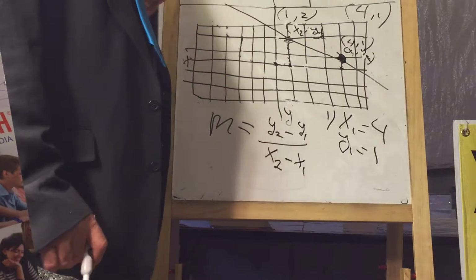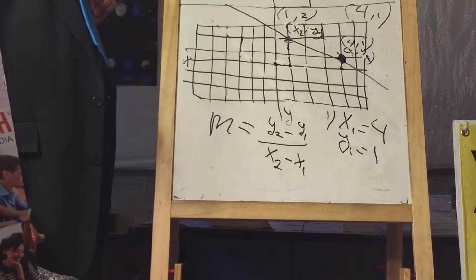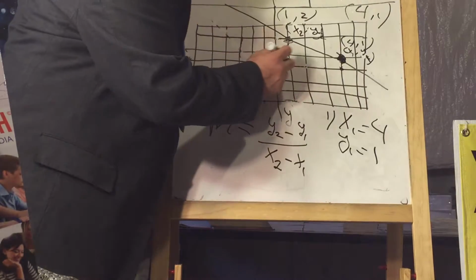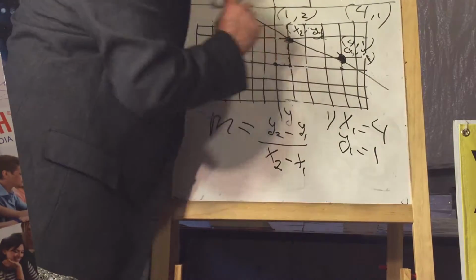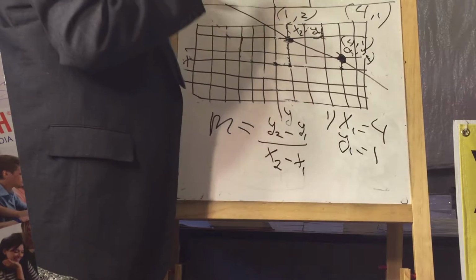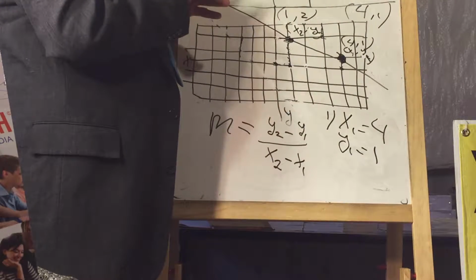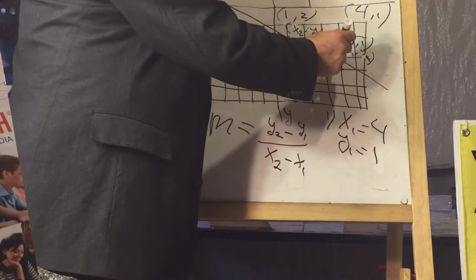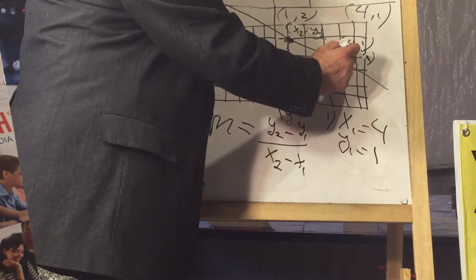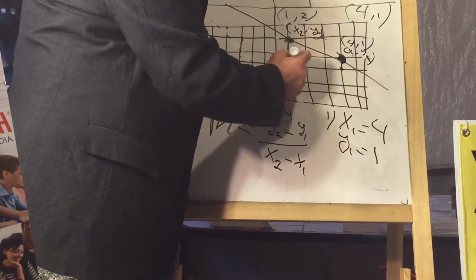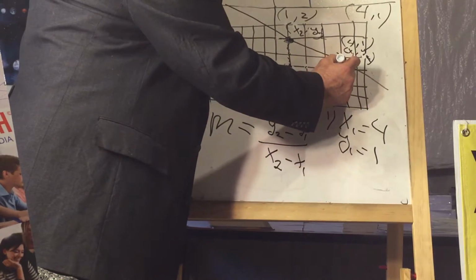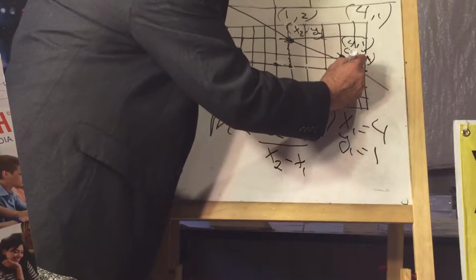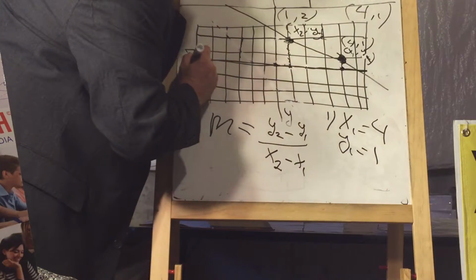Most of the work is done now. So again, let me explain one more time. This is the first point, this is the second point. That's all they give you. You have to figure out x1, x2, y1, and y2. Since this point is here, how far from the origin on the x-axis is it? 1, 2, 3, 4. It's 4 points far on the x-axis.